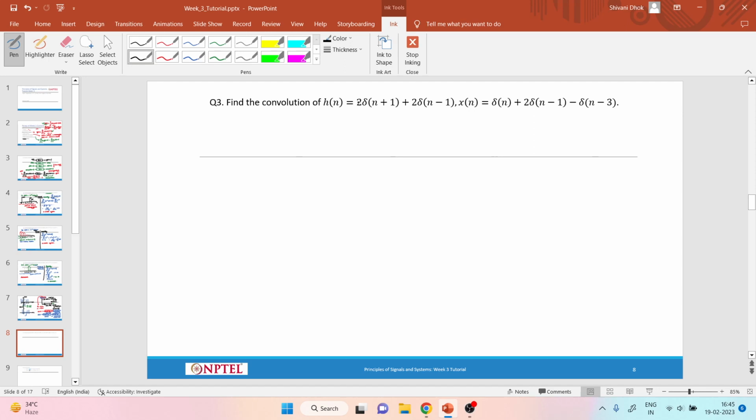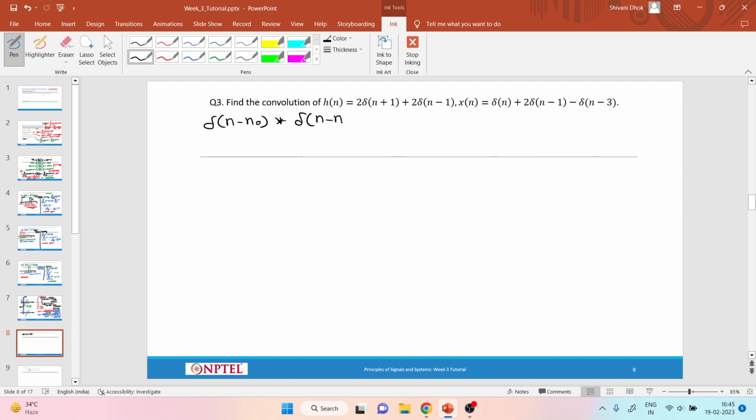To solve this, I won't go with the conventional convolution sum. Actually, that also we can do. But what I'll try to first analyze is this: unit impulse convolved with shifted unit impulses.